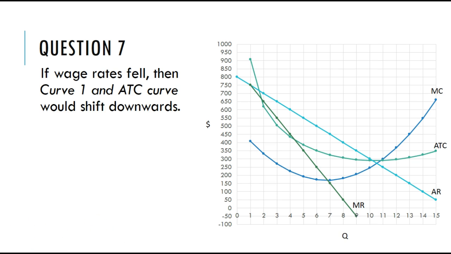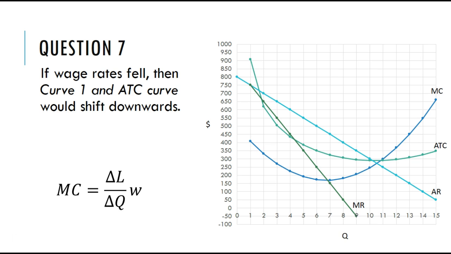Question 7. If wage rates fell, then curve 1, the marginal cost curve, and the average total cost curve would shift downwards. True or false? True. Let's look at marginal cost first, and I'm going to again illustrate this with a little bit of maths.